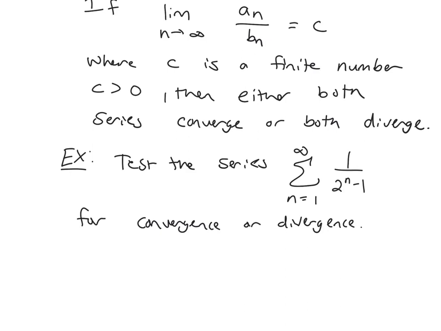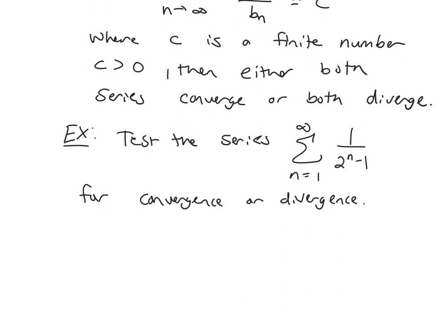So anytime you want to use a comparison test, you start by asking yourself, do I have positive terms here? Numerator's positive, the denominator's positive, so I'm good to go on using a comparison test.